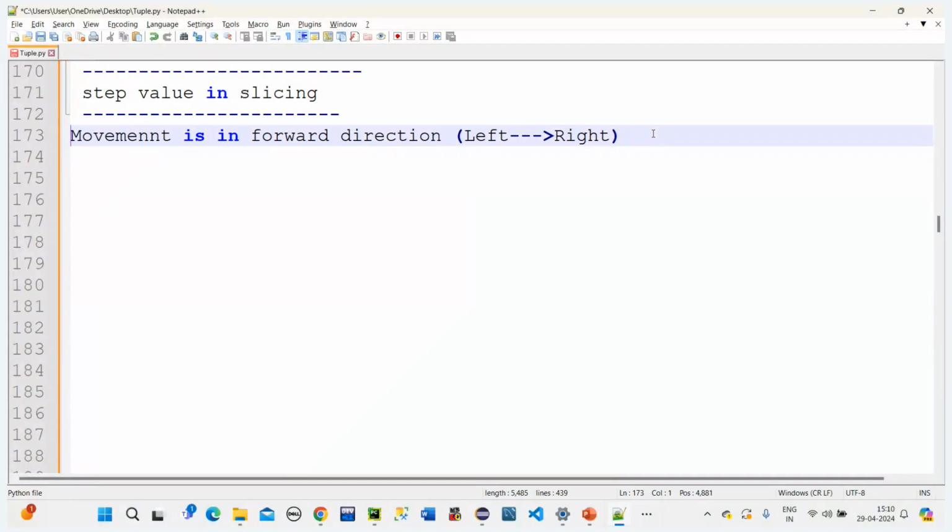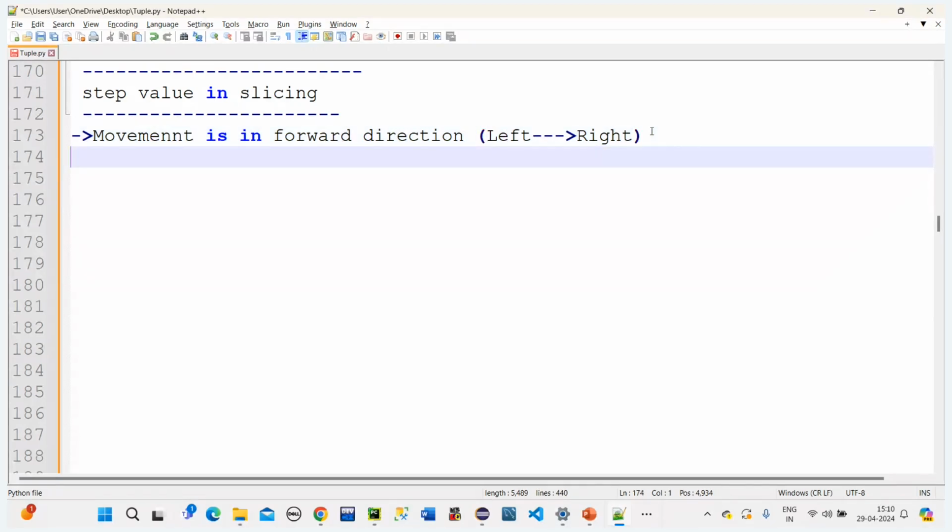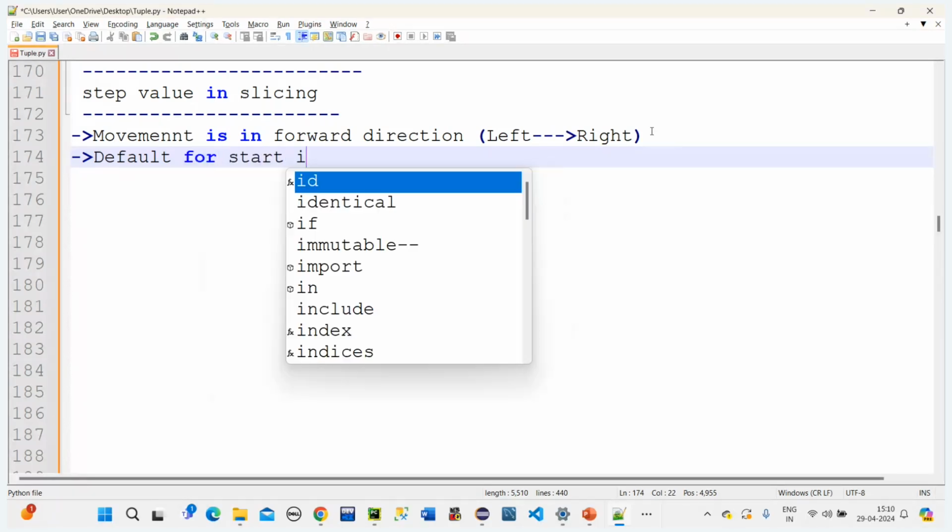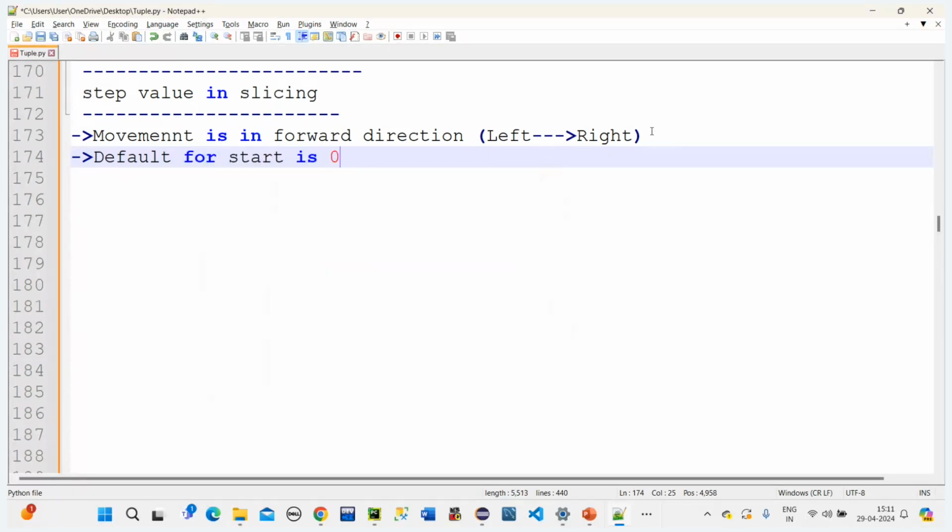Okay. Now, first point. These are important points. You have to make a note. The movement is in forward direction means what? Left to right. Now here, the default for start is 0.